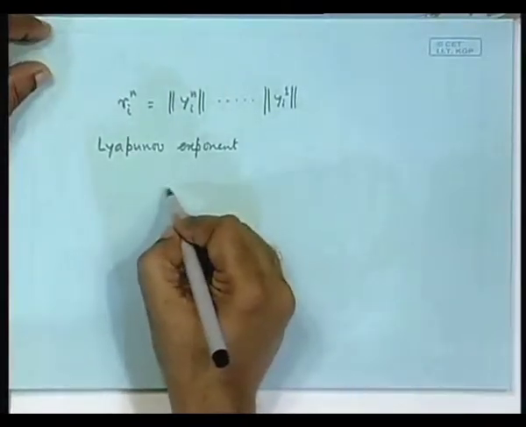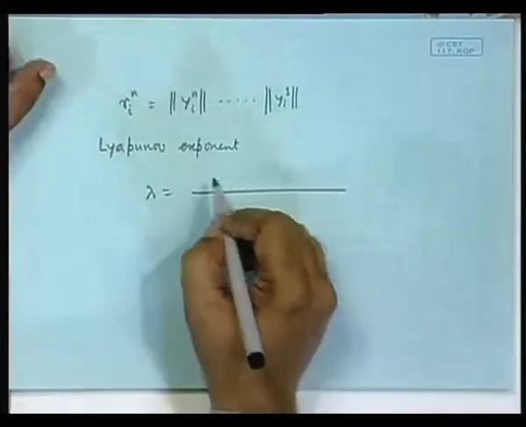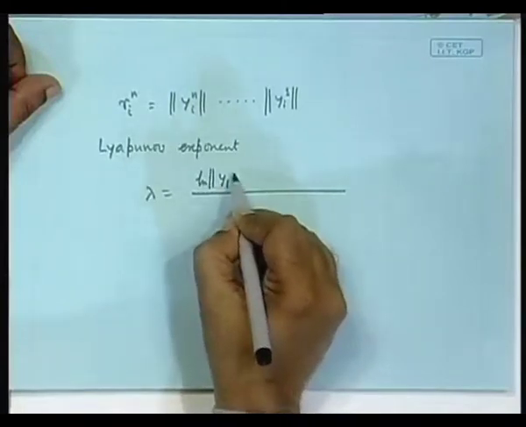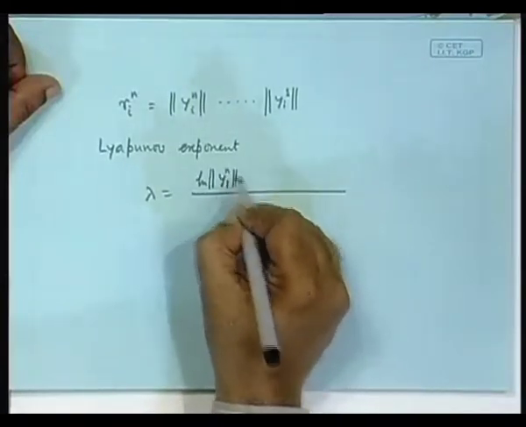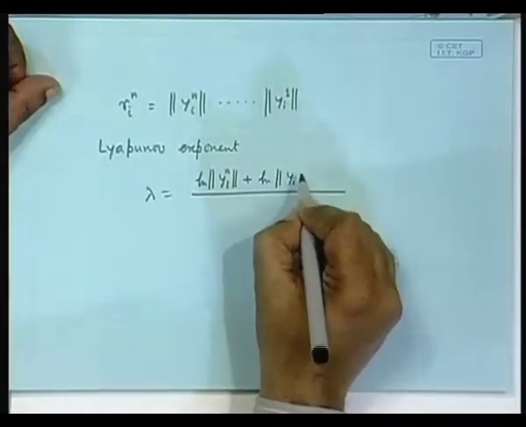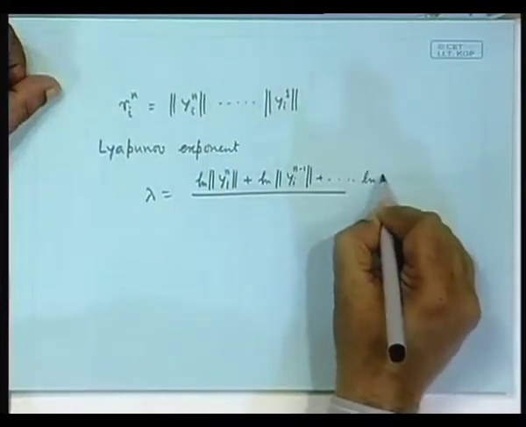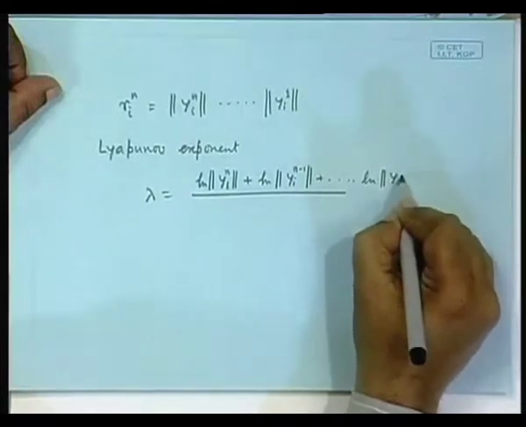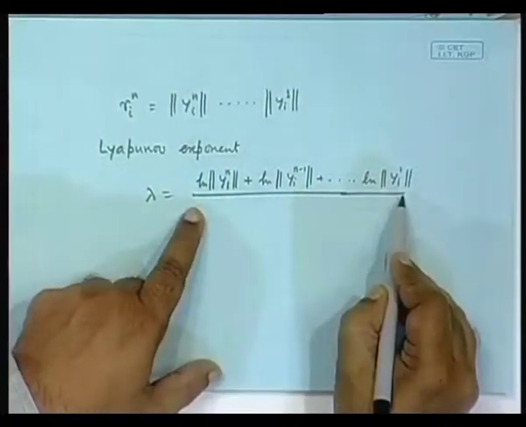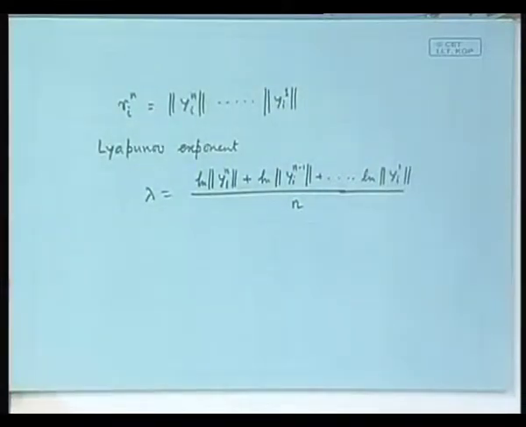Firstly you have to take the ln of the norm of yi(n), plus all these put together divided by n.